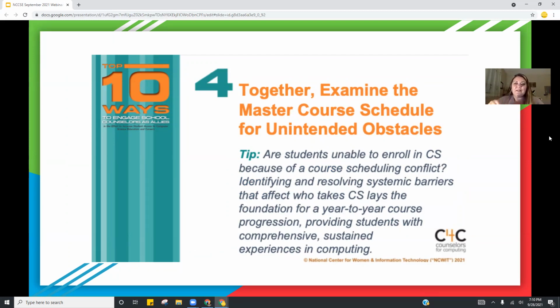So it tends to be a class, because it's accessible, that a lot of students end up in, whether they want it or not, because students need to be somewhere, right? And so sitting with your school counselor or whoever does your master schedule and seeing where the computer science classes are, are there barriers, right? Is a computer science class at the same time as a different class that a lot of students who would also take computer science are taking? How can we shift things around?